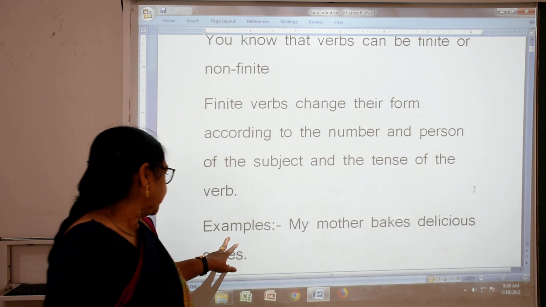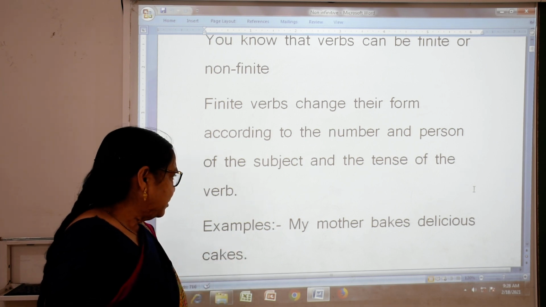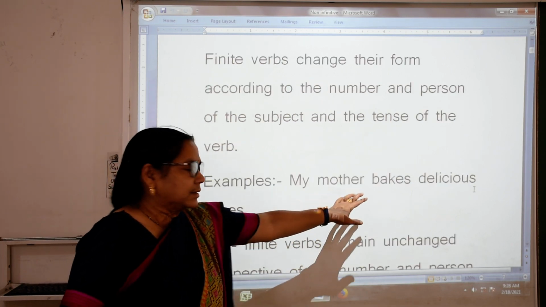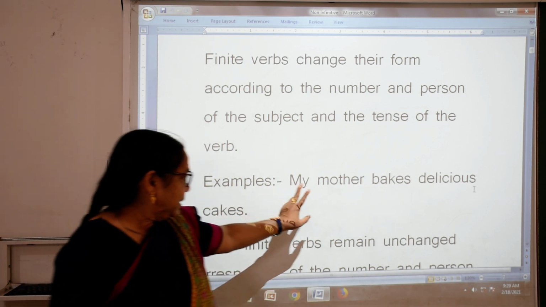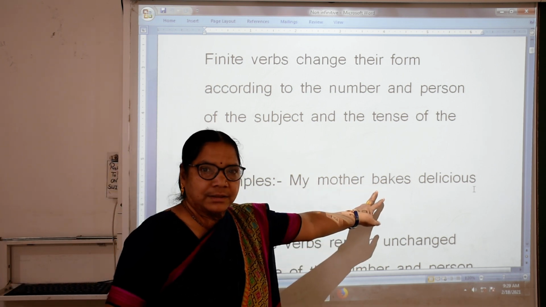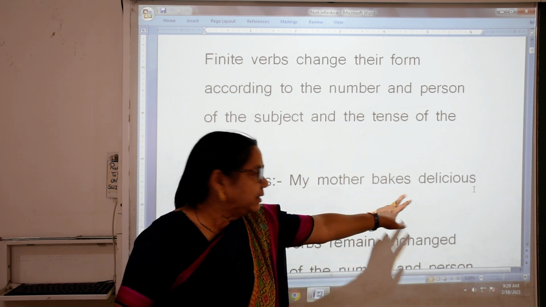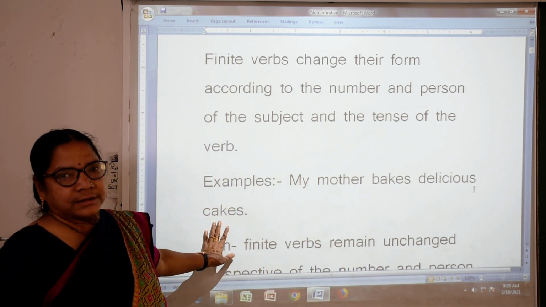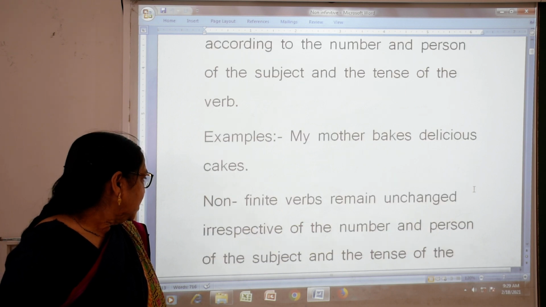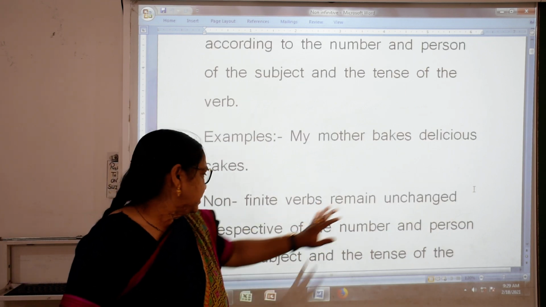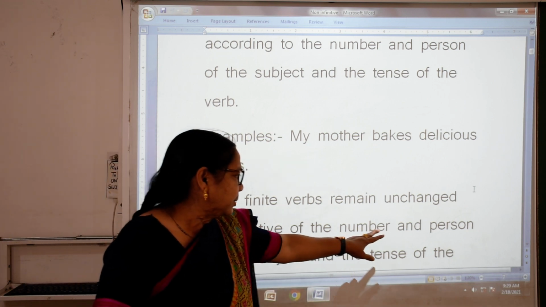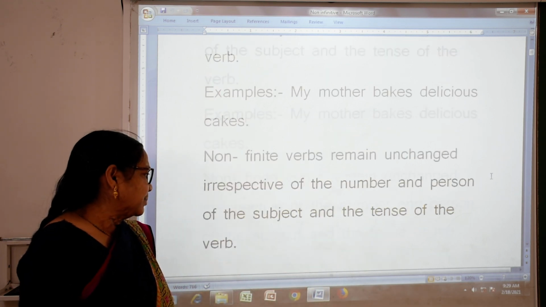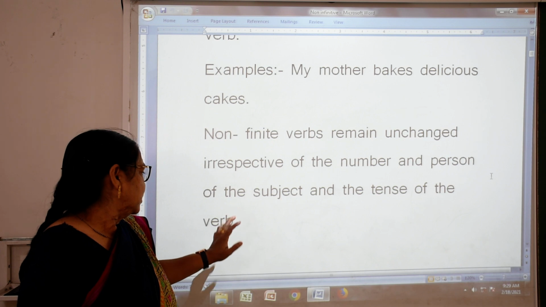Now, we will see an example: my mother bakes delicious cakes. Here, "bakes" is a finite verb. A non-finite verb remains unchanged irrespective of the number and person of the subject and the tense of the verb.